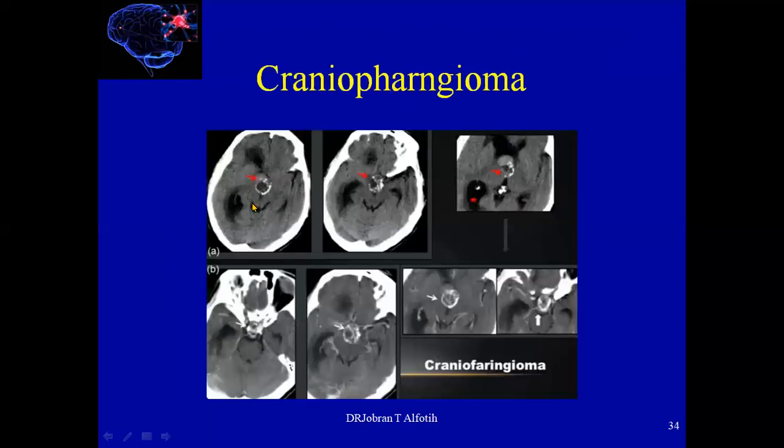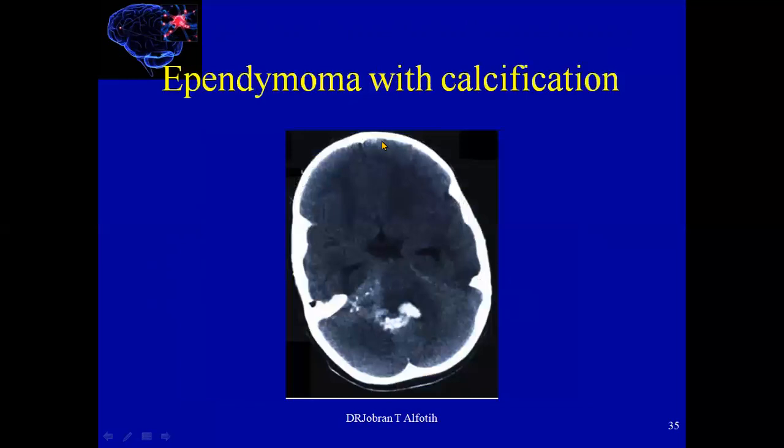Craniopharyngioma also has a calcified part inside the tumor, as we see in these pictures, in these patients. Ependymoma with calcification in the fourth ventricle is another tumor of the central nervous system that we see with calcification.